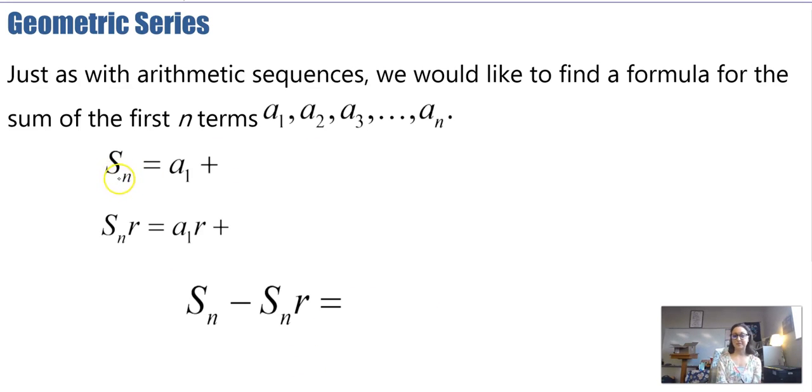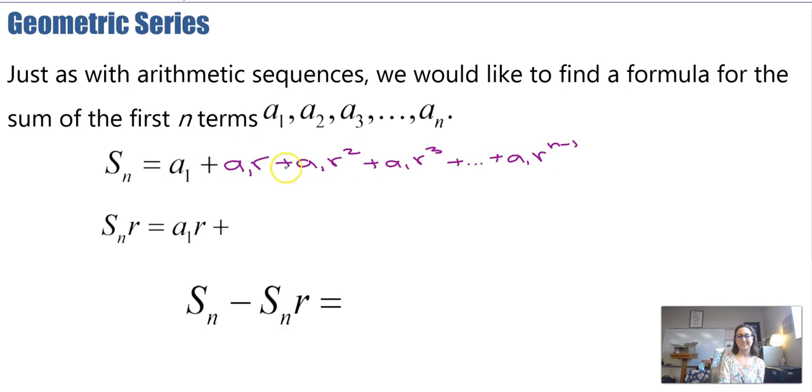So if I want to find the sum of the first n terms, that's going to be the first term plus the second term, which remember is a sub 1 times r to the 1, or just r, plus the third term, which is a sub 1, and then I need to multiply r twice, plus the fourth term, which is a sub 1 r cubed, and so on and so forth, until I get to the nth term, which is a sub 1 times r to the n minus 1.